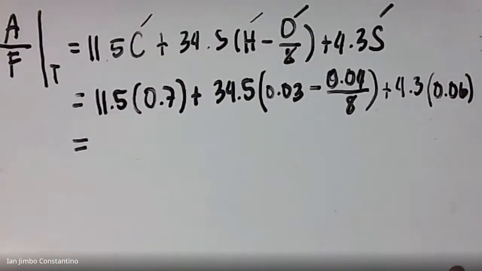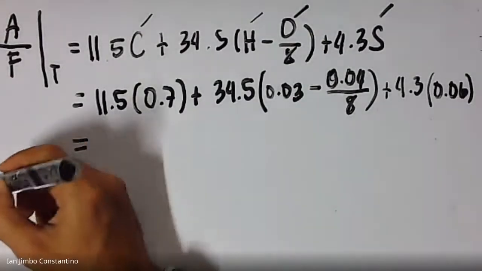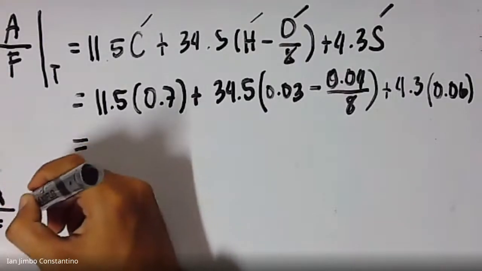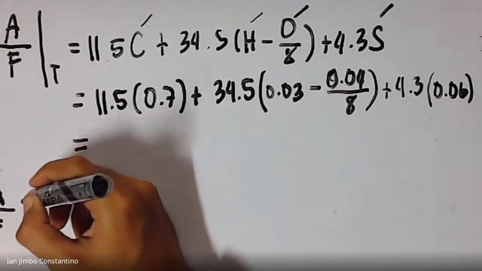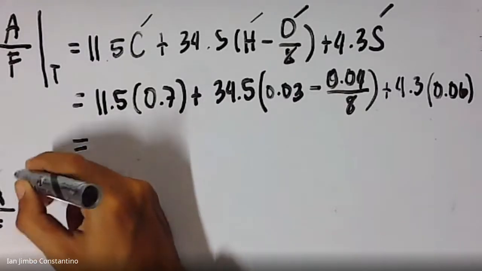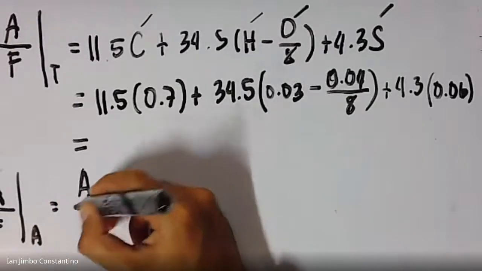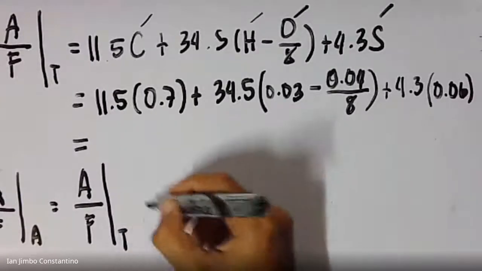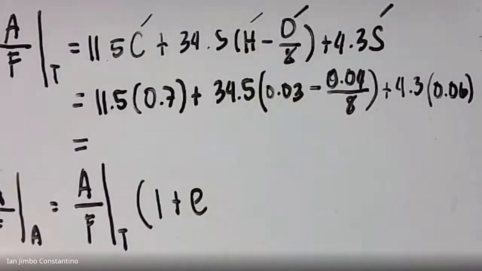If you want the value for your actual air fuel ratio, you should multiply the theoretical air fuel ratio by 1 plus your excess air in percentage.